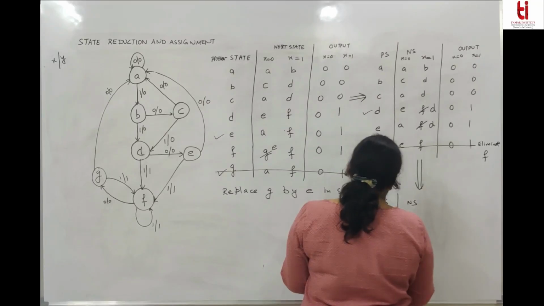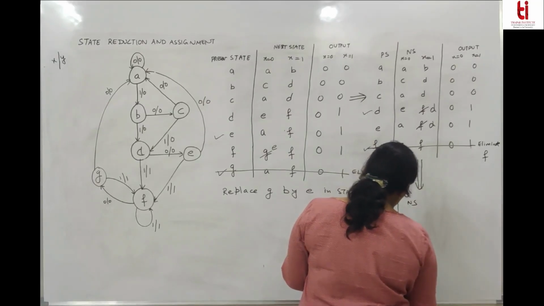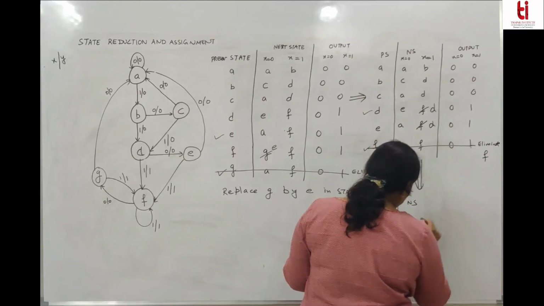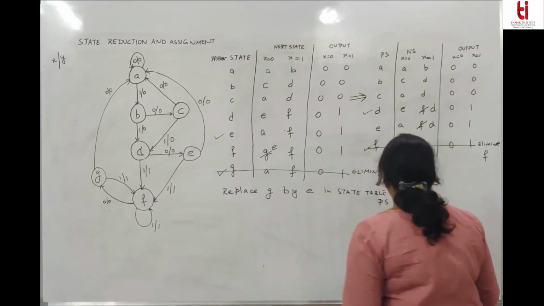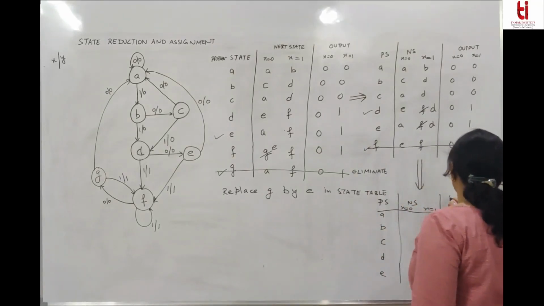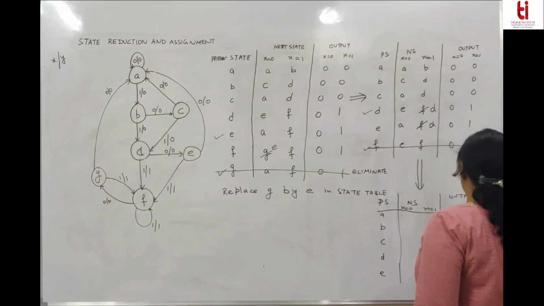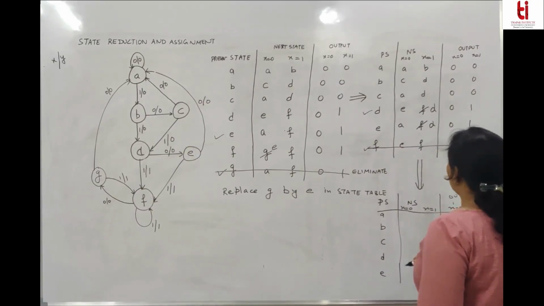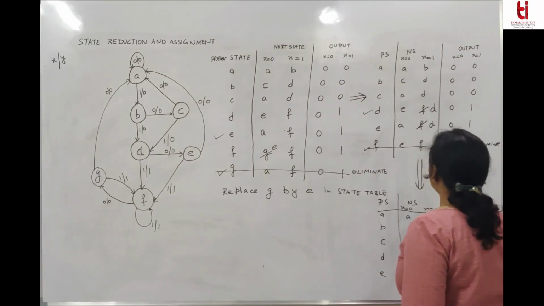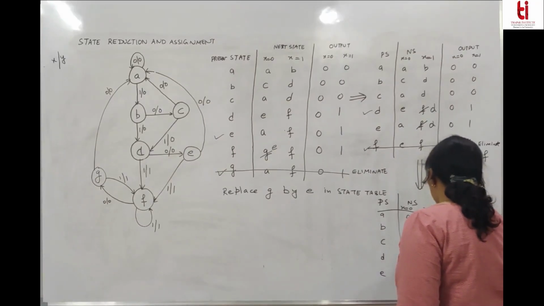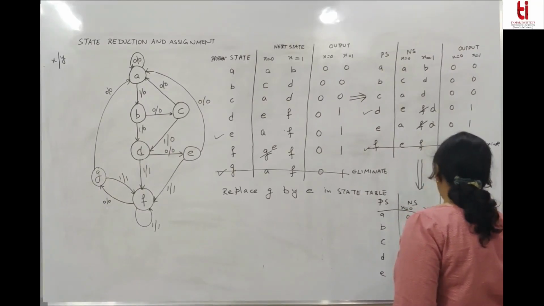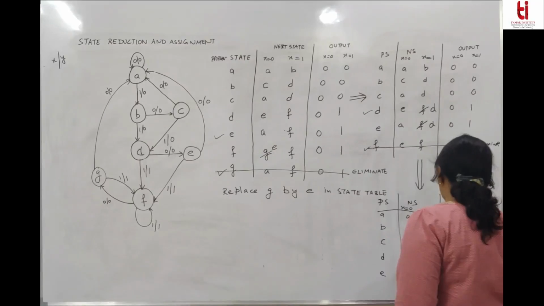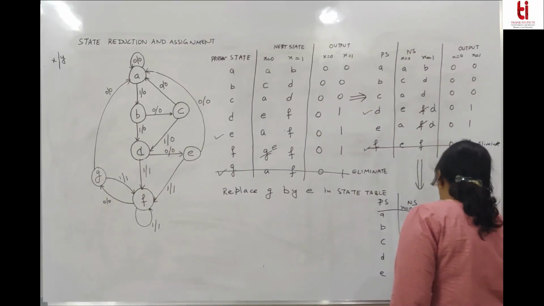So we have A, B, C, D and E. Let's see whether we can still reduce the table. What is A? A, C, A, E, A. Now F has been reduced by D.